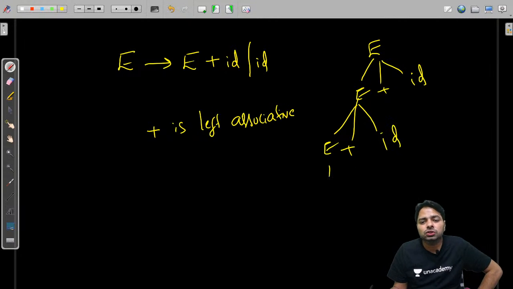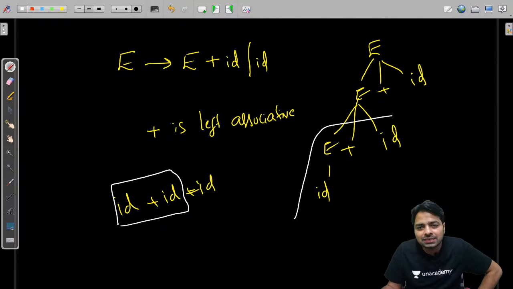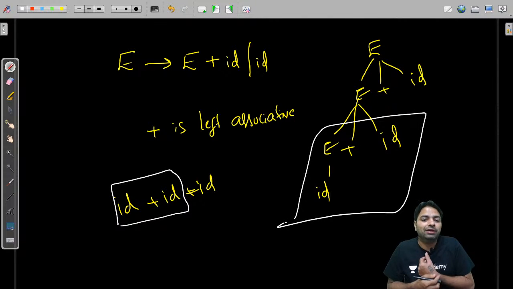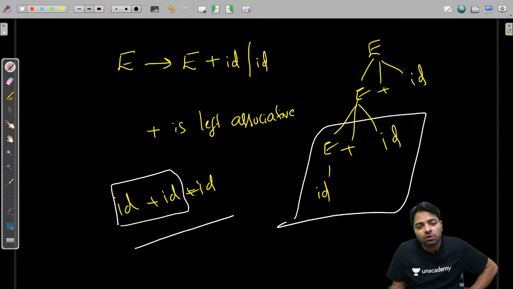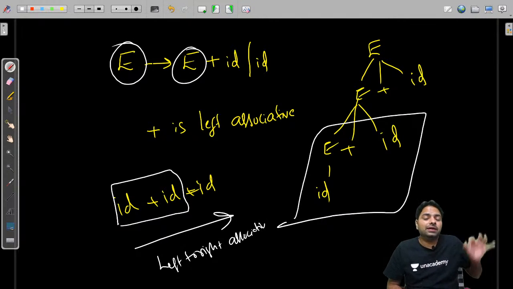And when you have 2 plus, no doubt which plus has to be evaluated first, guys. This left plus only, because that is the first one that should be evaluated before the other. So this follows left to right associativity.